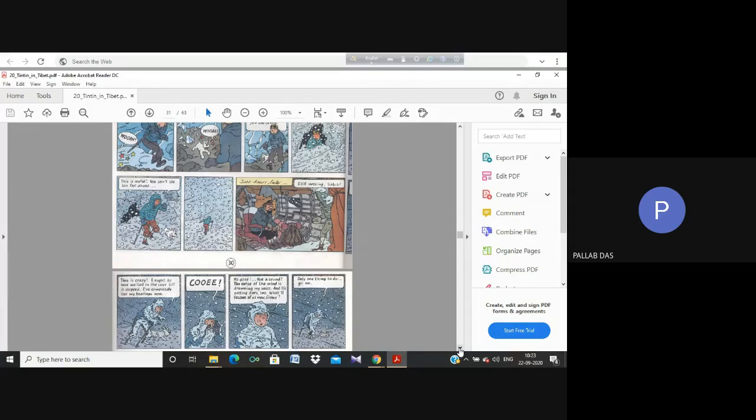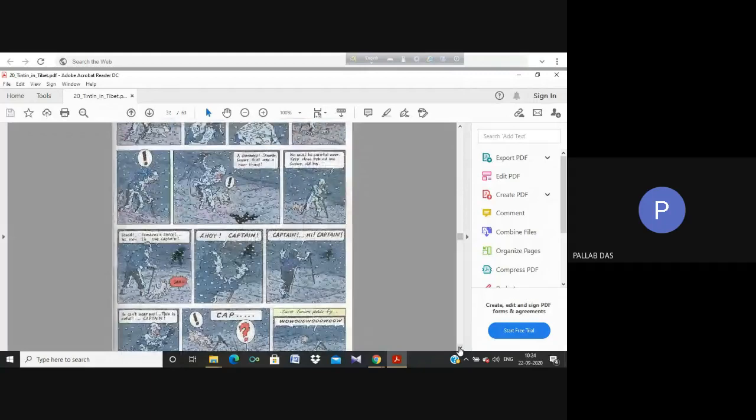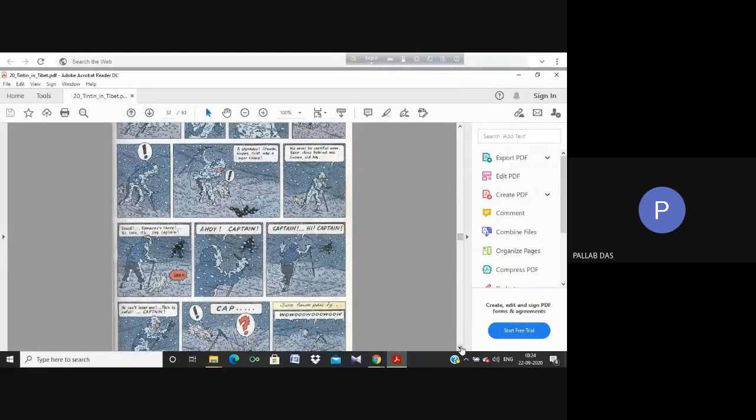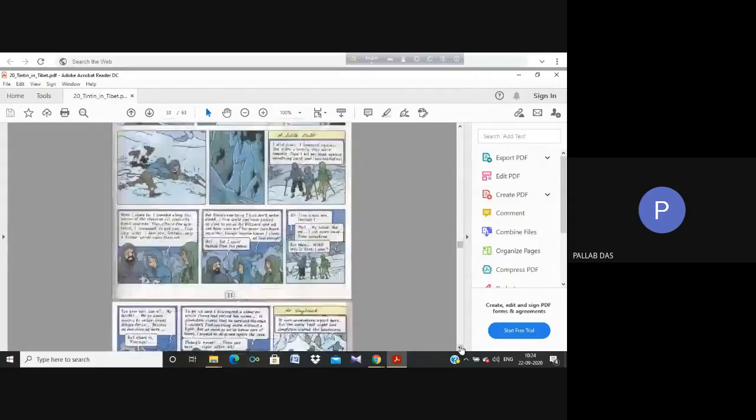That means nature is not only becoming a testing agent, but each and every barrier that nature provides in front of Tintin, he takes positively, like it is a step that he will climb to reach closer to his success.